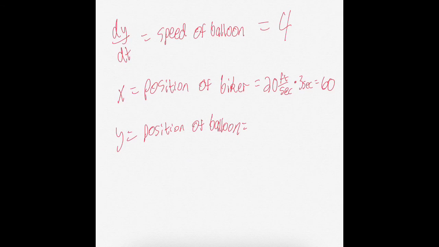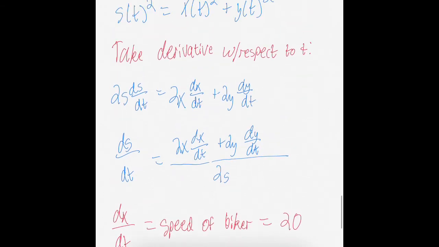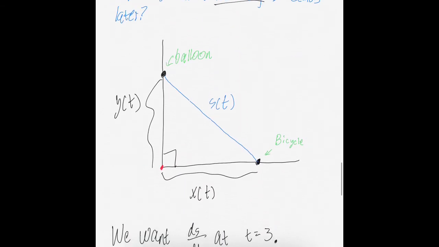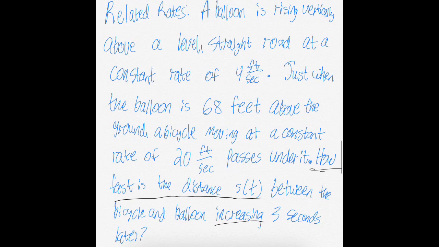Similarly, y is going to be the position of the balloon. Here we're going to have to be a bit more careful. So it is rising at 4 feet per second times 3 seconds.